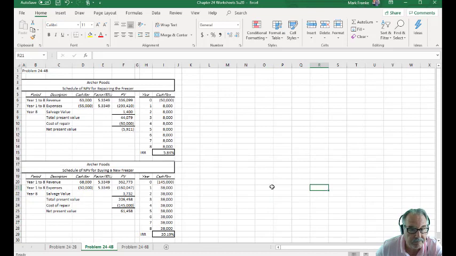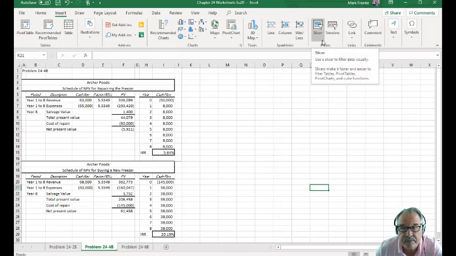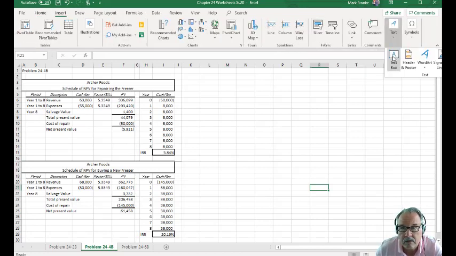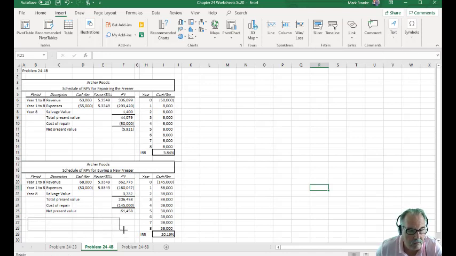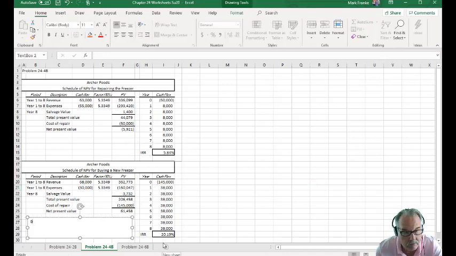So looking at both of these spreadsheets, and I'm going to move this, that's okay. We can see that buying a new freezer makes the most sense. So I'm just going to add a little text box, and I'm going to say based on this analysis, we should buy a new freezer.